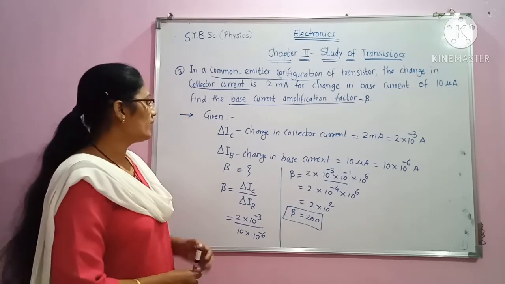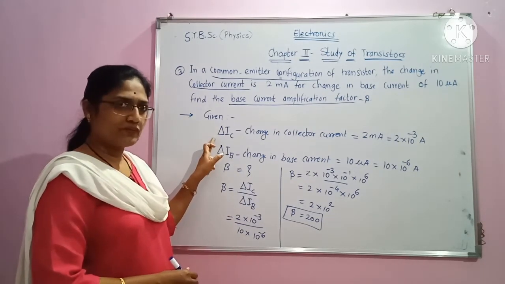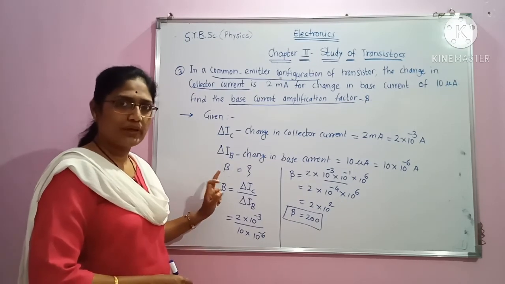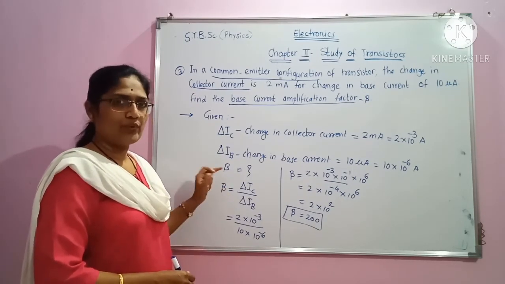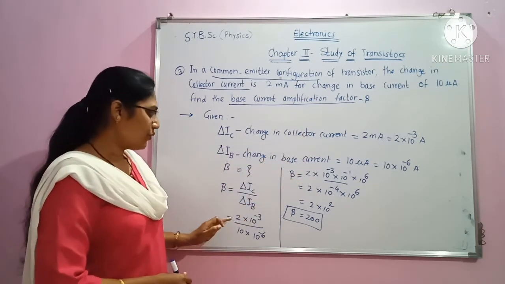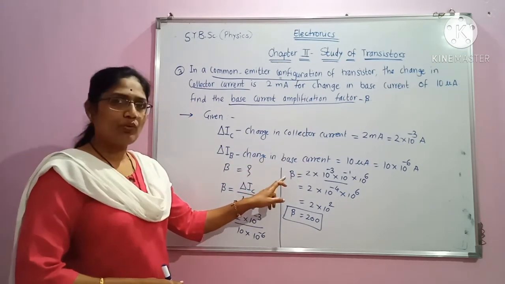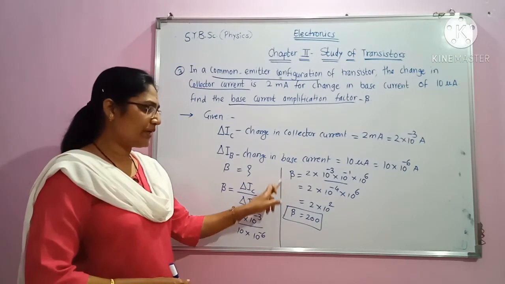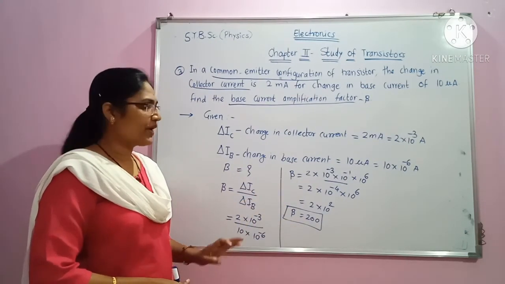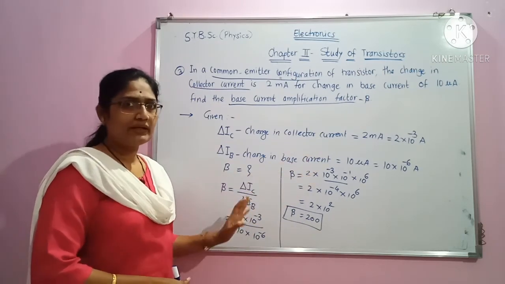So here delta IC is given, delta IB is given. We know that beta is equal to delta IC upon delta IB. We have substituted the values in ampere and found the value of beta, which comes out as 200, as ampere gets cancelled.